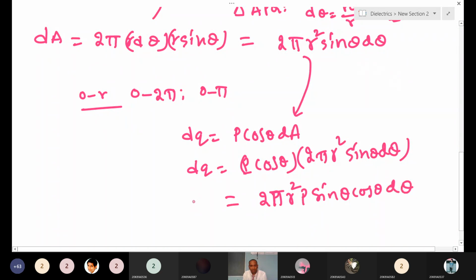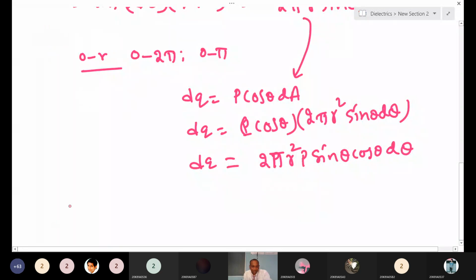Now dq we have estimated, and we substitute it in the electric field, and you have to estimate the total E, which is the integration of dE, right. But here we have a sphere.